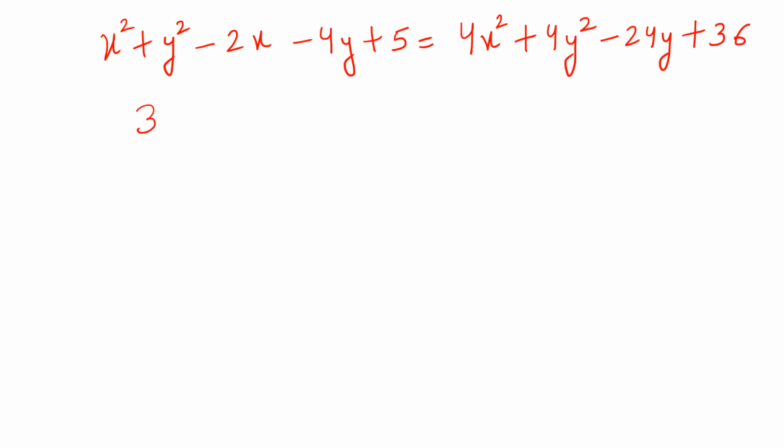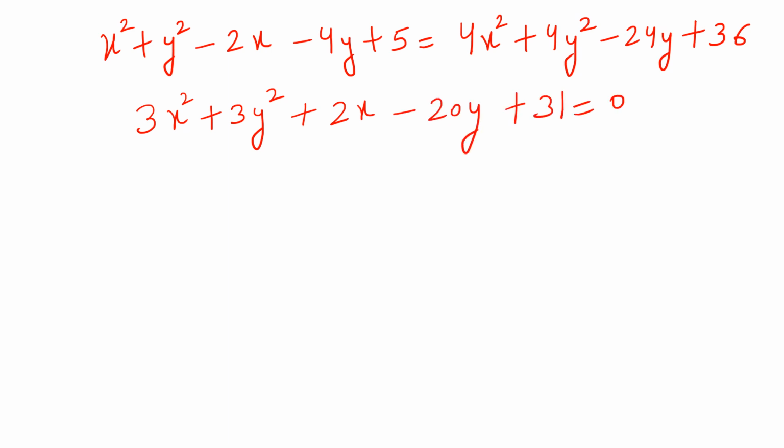Now it becomes 3x square plus 3y square plus 2x minus 20y plus 31 equal to 0. Now just divide this equation throughout by 3.